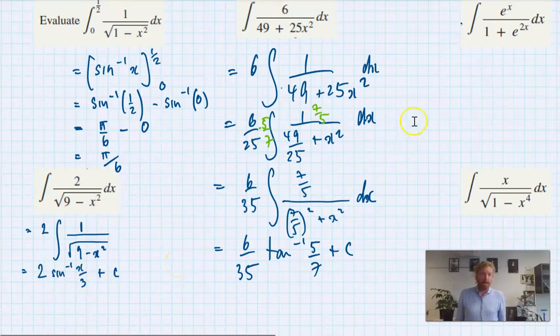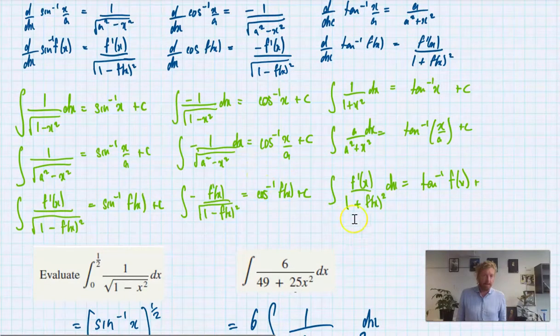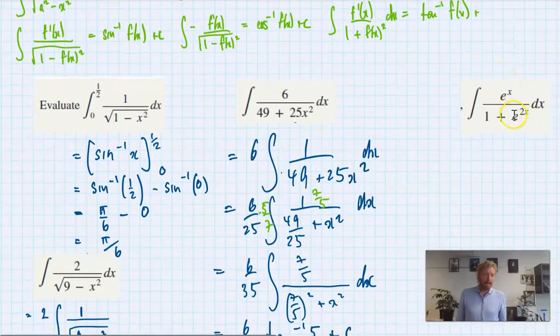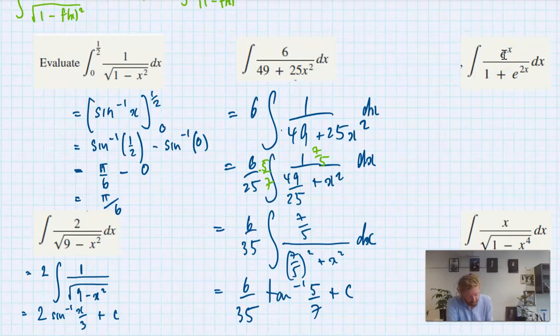Coming over to these two over here, this is going to be a tan, and we're looking again at this form here. I want the derivative on top, and I want 1 plus something squared. So that's nearly in that form. If f of x equals e to the 2x, then f dash x would just be 2e to the 2x.